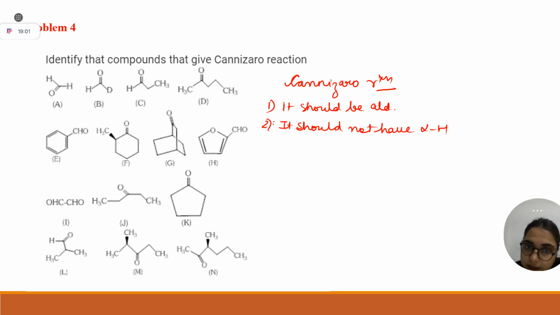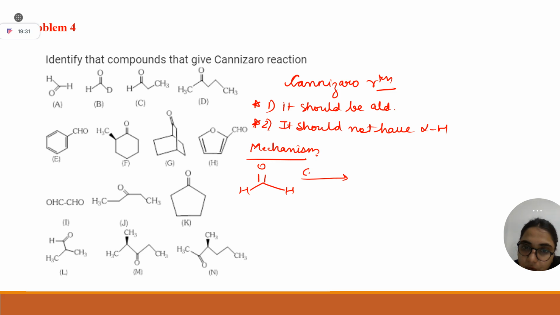These two conditions are a must. Now if we talk about mechanism, I am just giving you a simple picture of Cannizzaro reaction. Students, whenever you have an aldehyde which is lacking alpha hydrogen, meaning hydrogens attached to your alpha carbon, alpha with respect to carbonyl, here they are absent.